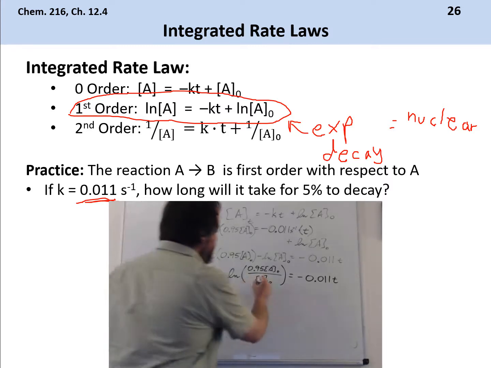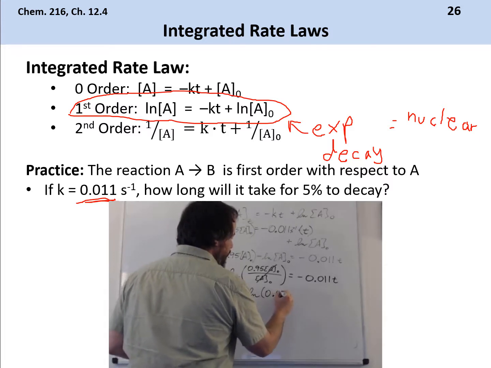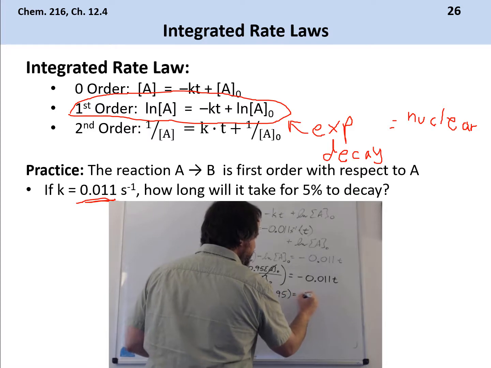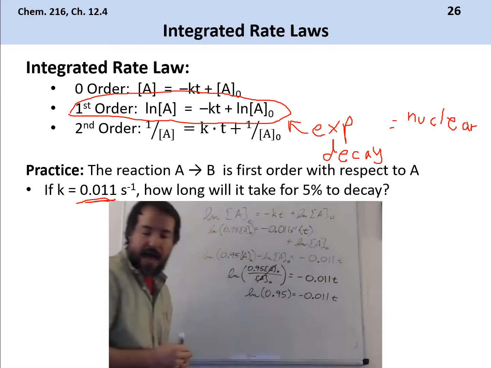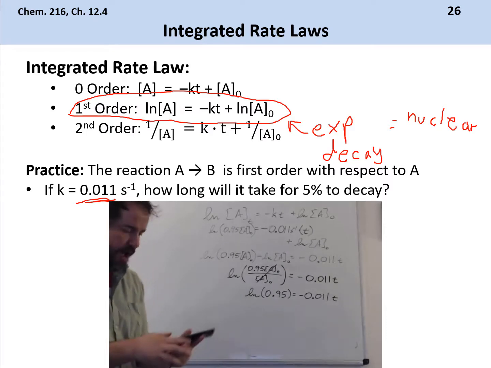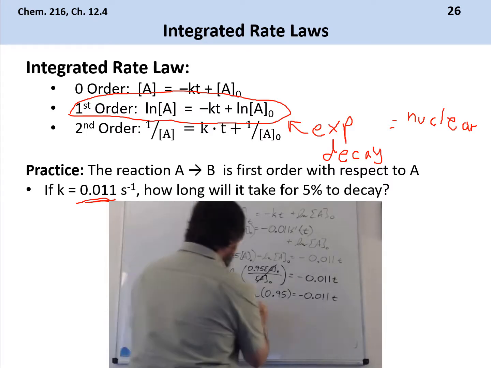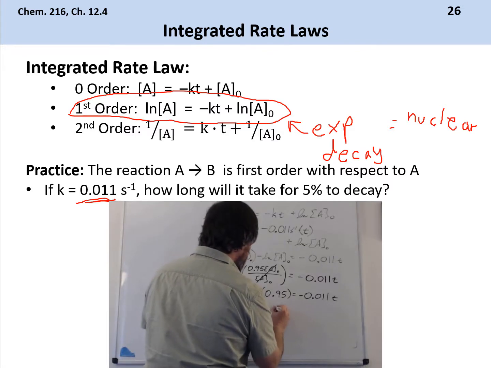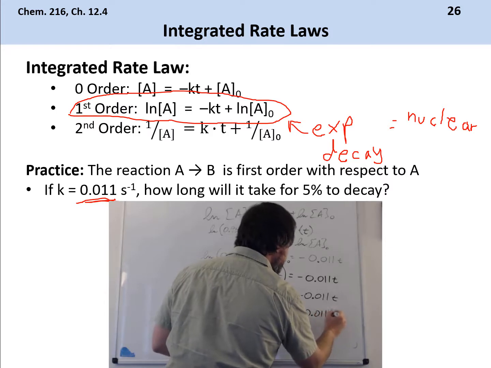Okay, so these cancel out. This is ln 0.95 equals negative 0.011 t. The ln of 0.95 is negative 0.051, which equals negative 0.011 t.